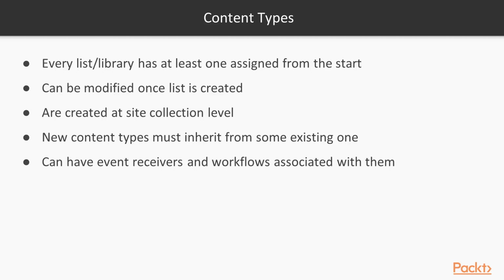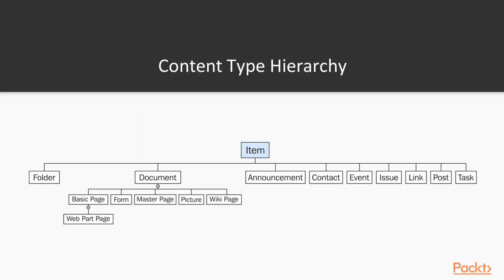When we are creating new content types, they must inherit from some existing content type. This picture demonstrates multiple inheritance of content types. As you can see, document content type inherits from the item content type, and basic page inherits from document.